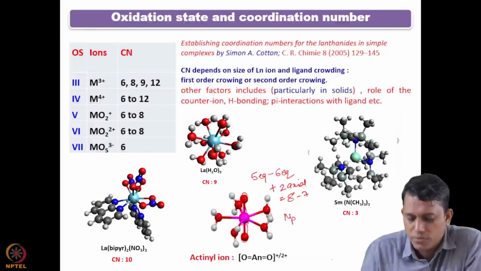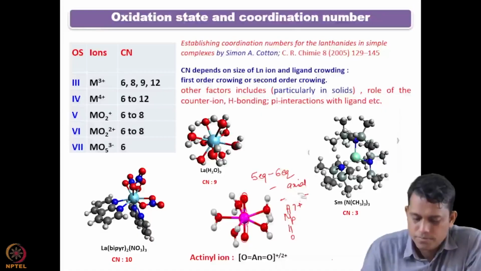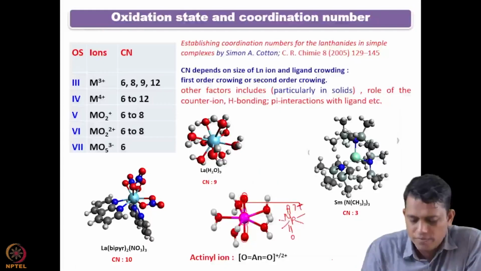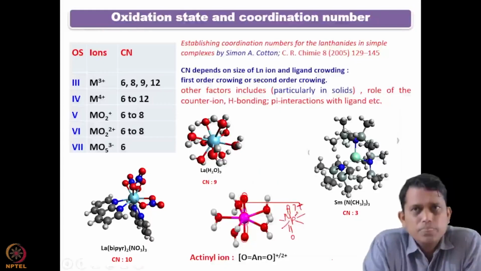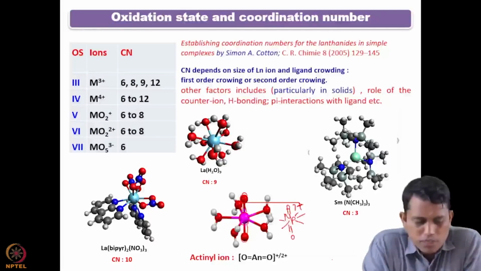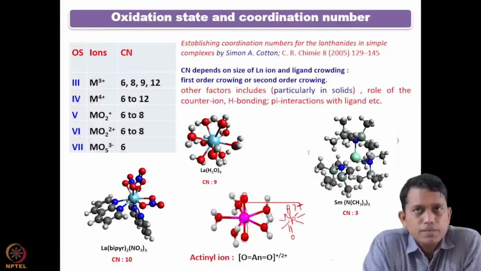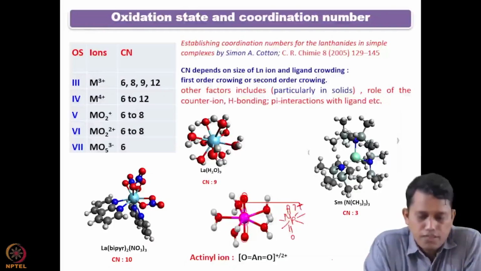But suppose you have a case of neptunium, which is again a linear ion with a plus charge. Here again we can have 5 to 6 water molecules in the primary coordination sphere, or in the equatorial plane, giving a total coordination number of around 7 to 8. So this is all about the coordination numbers of the different oxidation states of the actinides.